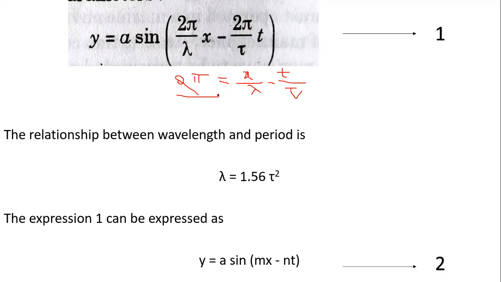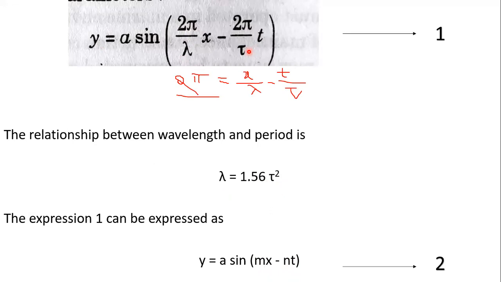The relationship between the wavelength and the period is approximately λ = 1.56 τ². The first expression can be expressed as y = A sin(mx − nt), where m represents 2π/λ and n represents 2π/τ. 2π/τ is called the phase rate.